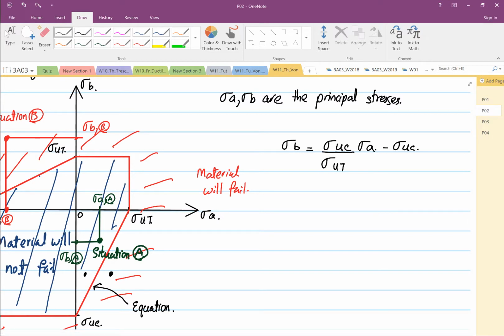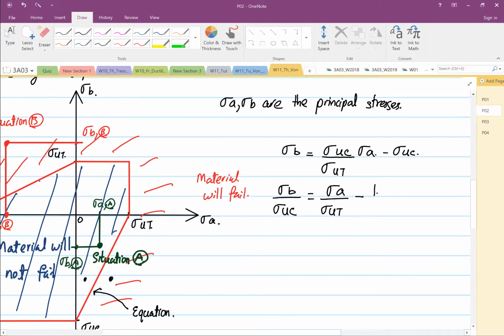So we're going to divide everything by the ultimate stress compression, UC. So this is stress A over stress UT minus stress B over stress UC, equal to 1.